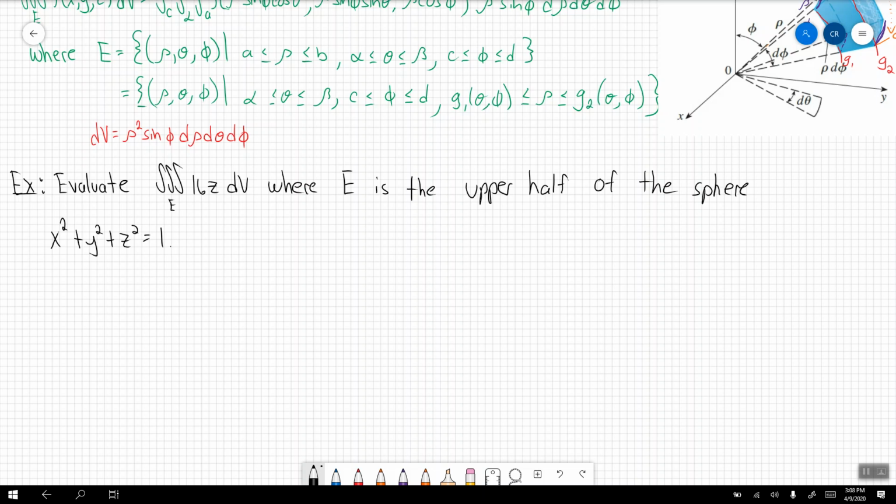All right, so we have this upper half of the sphere, and that's what we're going to be integrating over. That is the region E that is being bounded. So really quickly, let's go through and show what we're going to be integrating. I'm going to try to give you a really quick sketch.